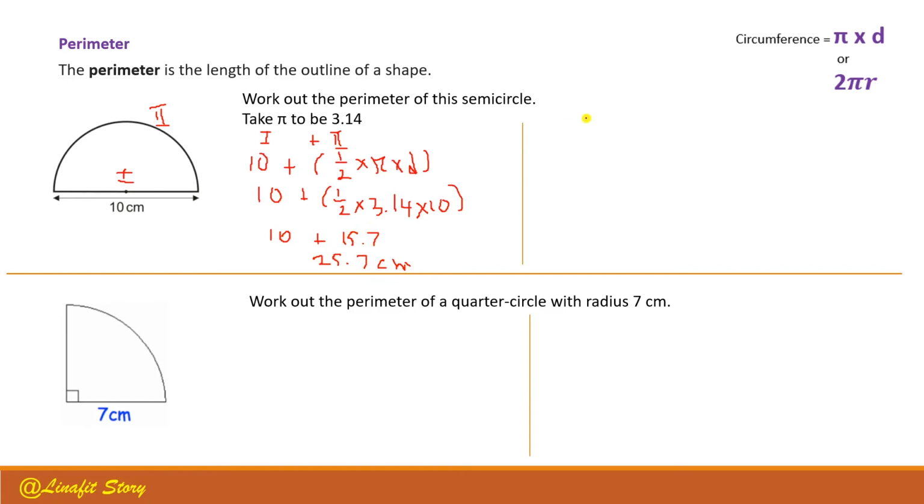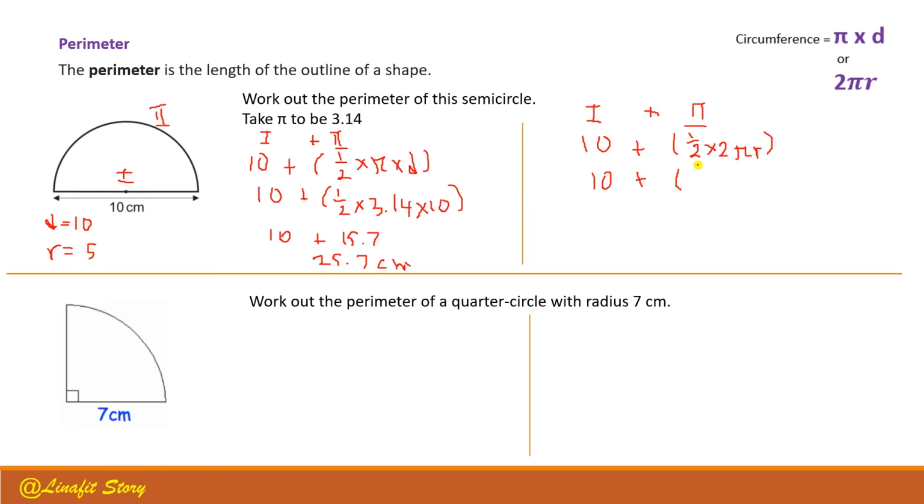The second method is side number 1 plus side number 2. Side number 1, this is the straight line, 10 cm, plus the length of the semicircle. So 1/2 times 2 times pi times radius. So 10 plus. The diameter is 10 cm. So the radius is half of the diameter. 10 divided by 2 is equal to 5.